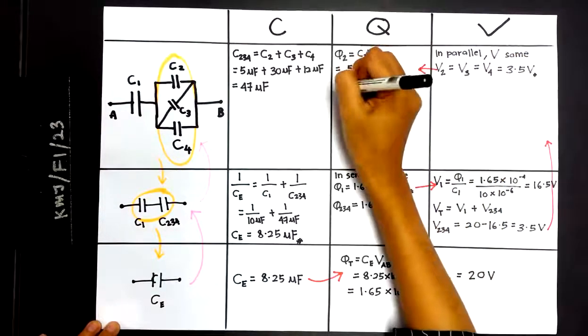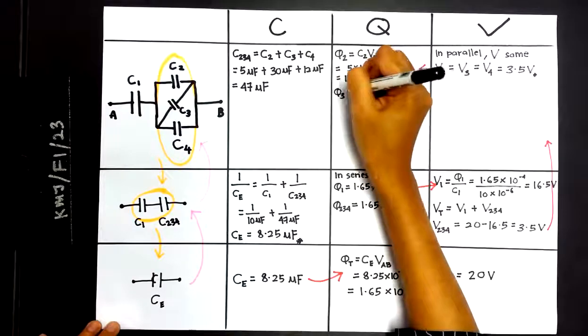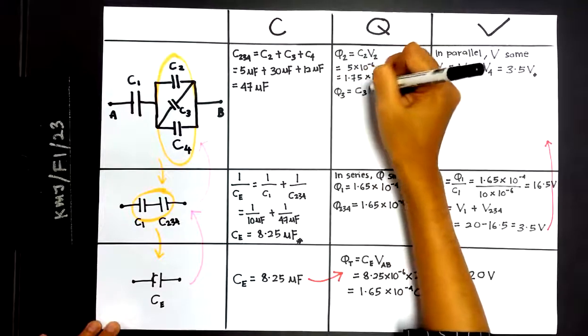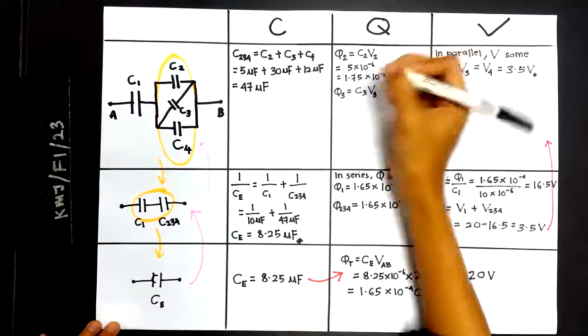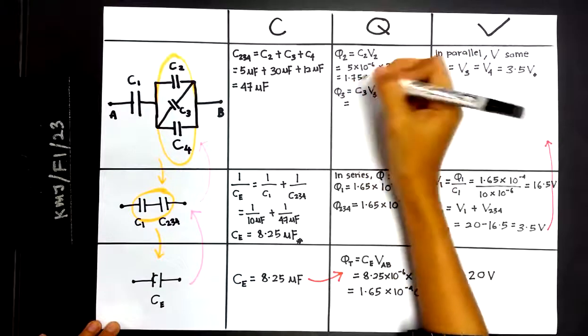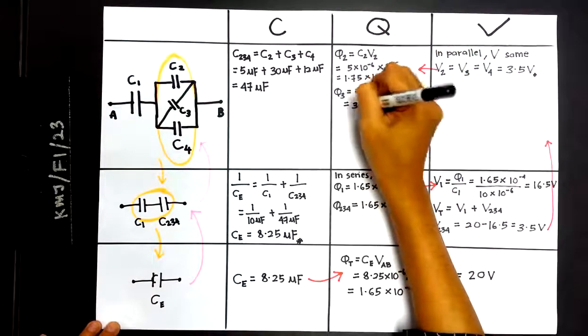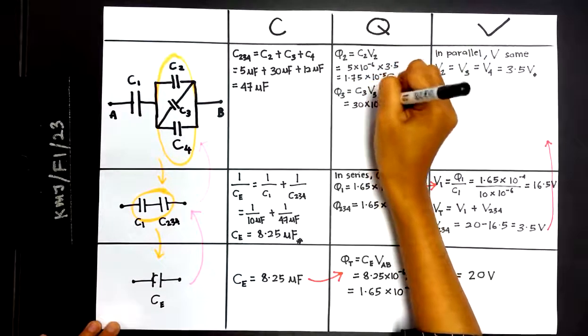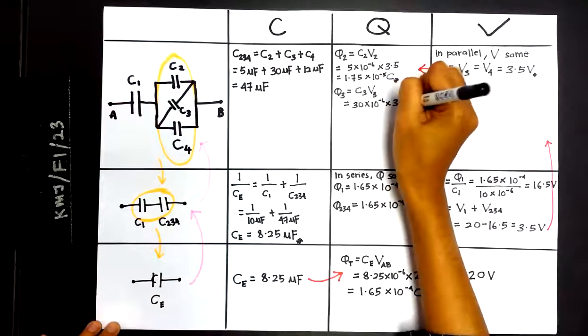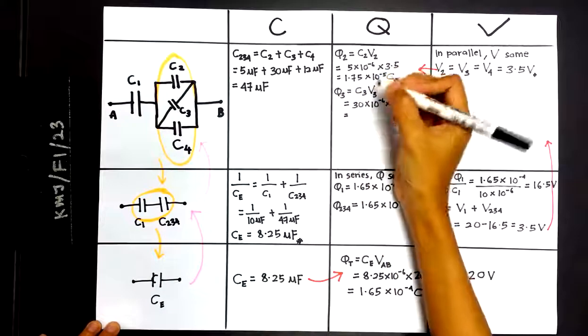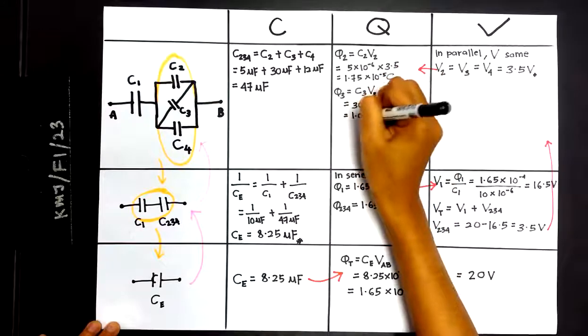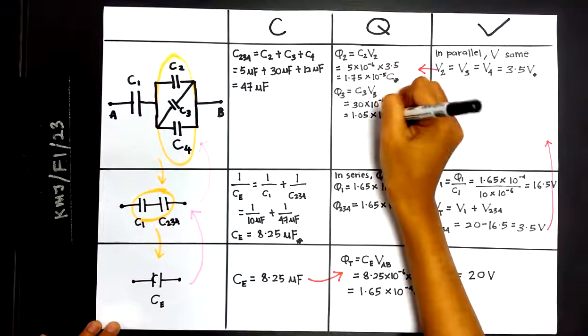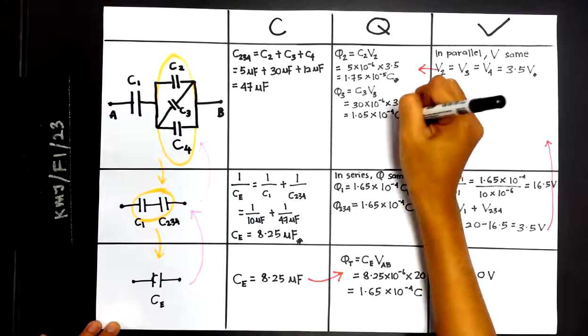Do the same steps for Q3, but remember to substitute the value of C3 and V3. And we will get the answer for charge 3 is 1.05 times 10 to the power of negative 4 coulomb.